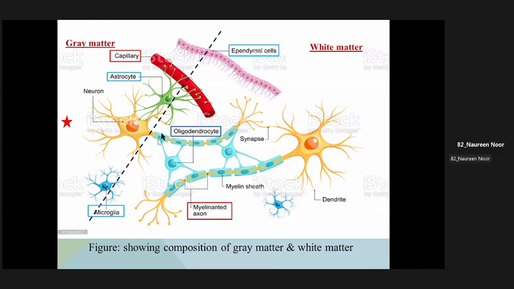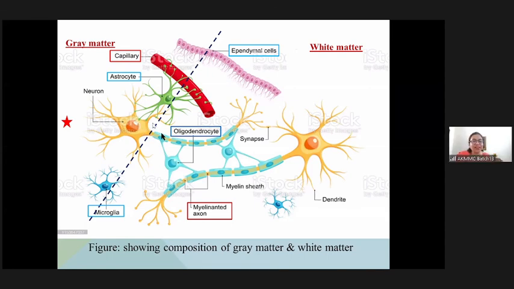Axon. And the proximal part of the axon is the axon hillock. This part of the axon is on what side, left or right? Left side. Okay.